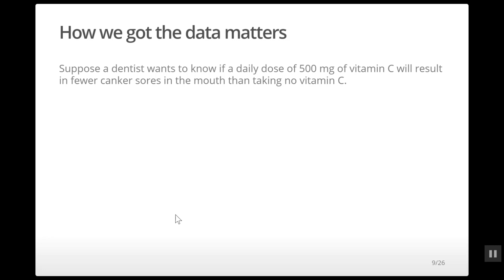So let's say a dentist wants to know if taking 500 milligrams of vitamin C every day is going to help result in having fewer canker sores in your mouth than taking no vitamin C. So this is a question that the dentist has about people's mouths and vitamin C, and is there a relationship? How we get the data matters.